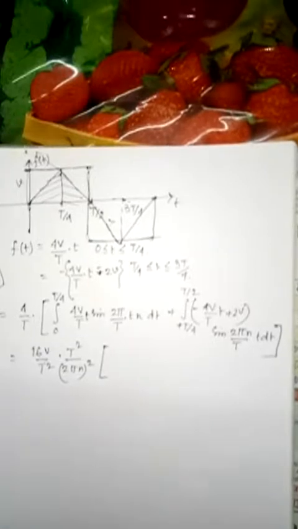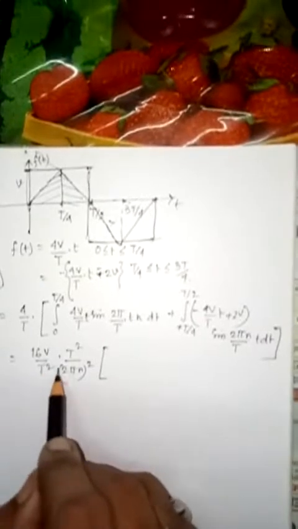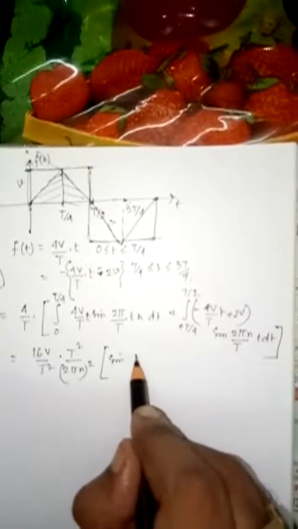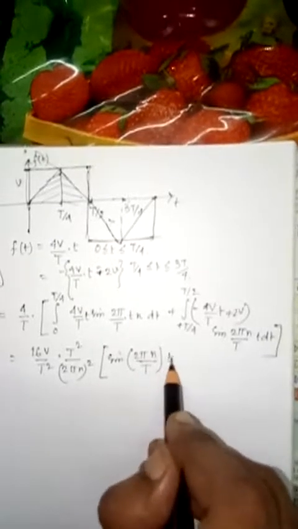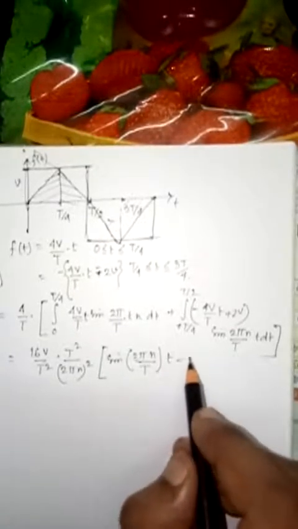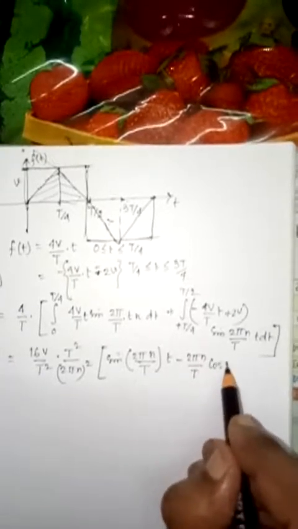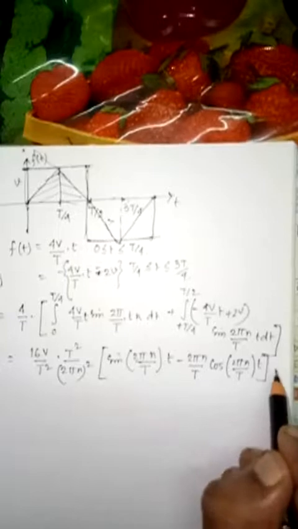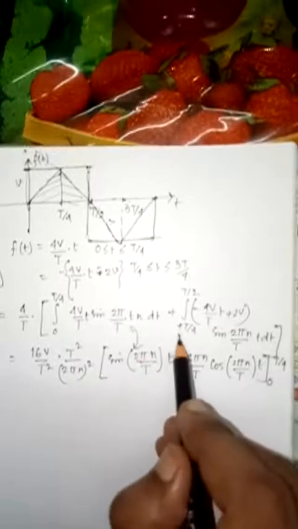That is, inside the bracket, sine of 2 pi n by T into t minus 2 pi n by T into t cos of 2 pi n by T into t, integrating from 0 to T by 4. This particular part will have this, and what will be the result for the next part?